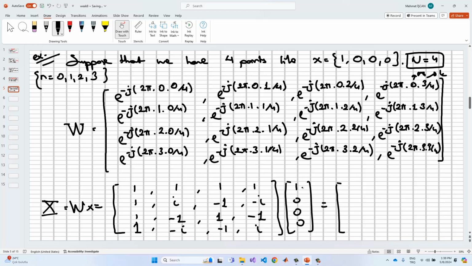In the first term, 1, 0, 0, 0, 1, 0, 0, 0, 1, 0, 0, 0, 1, 0, 0, 0. Okay, 1, 1, 1, 1. What's the meaning of this? You should understand that. What is that? What's the type of this thing?